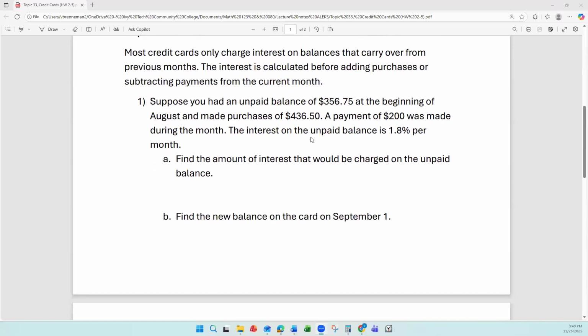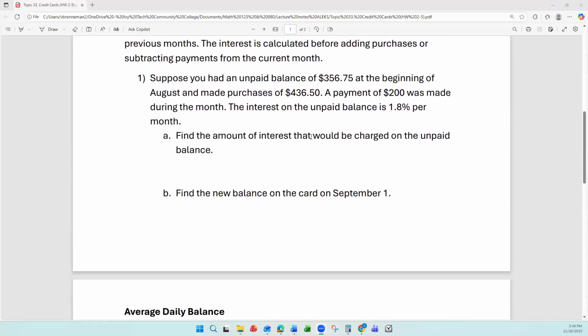There is the unpaid balance method. So number one, the unpaid balance is the balance that then gets used to determine the interest.